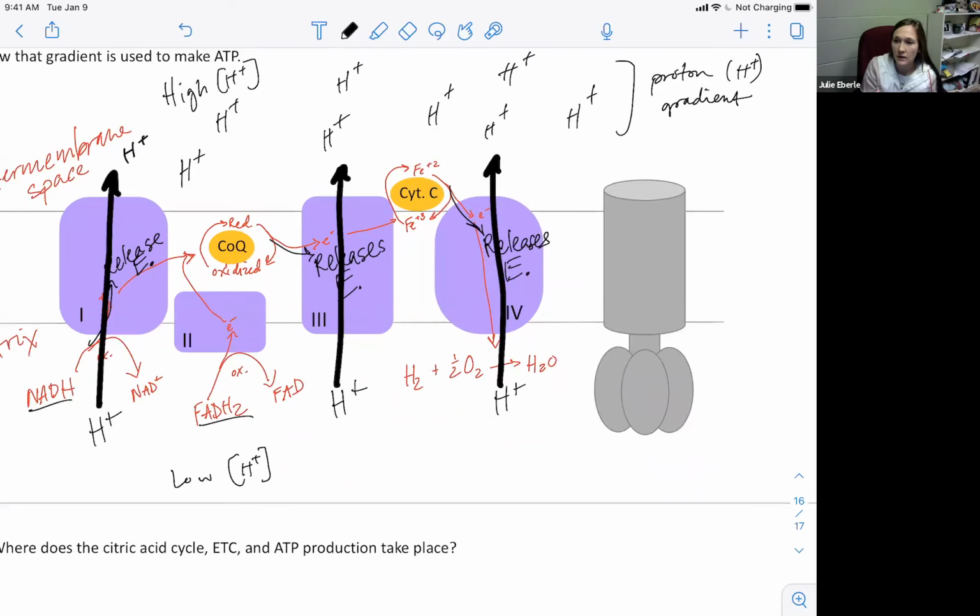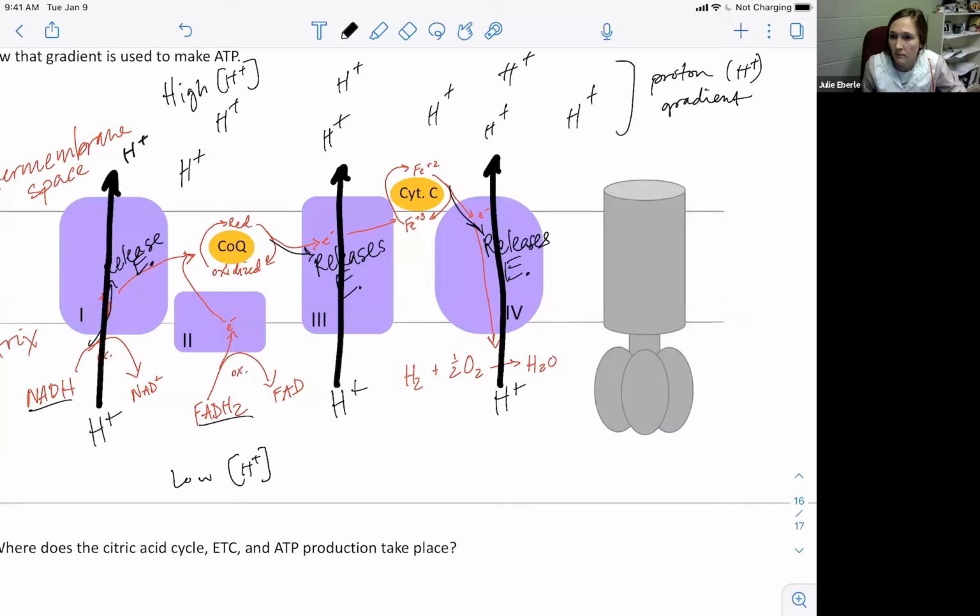And then all these ions are charged. So there's an electrostatic potential as well. You have a high amount of charge on one side, a low amount of charge on the other side. So how is this used to make ATP, this gradient?